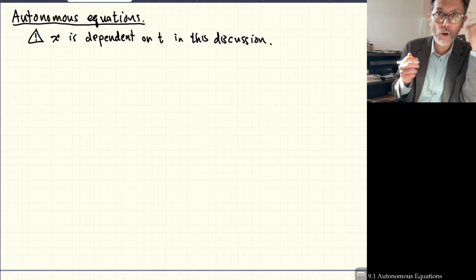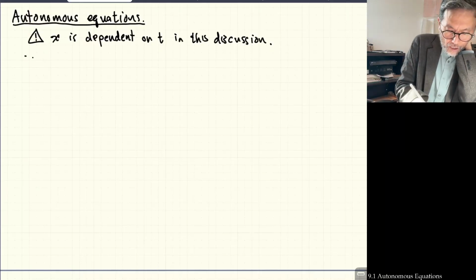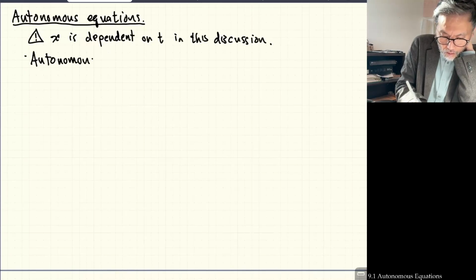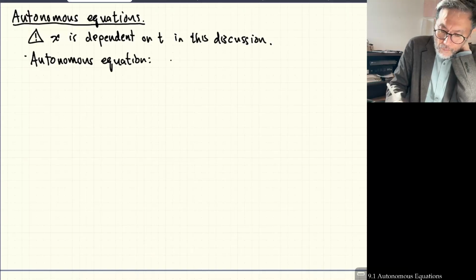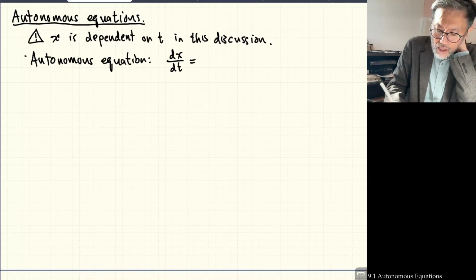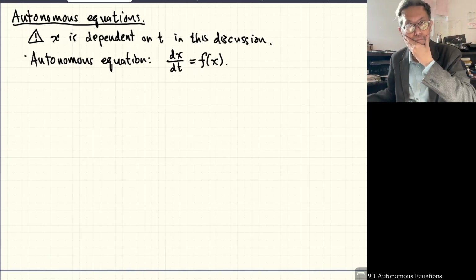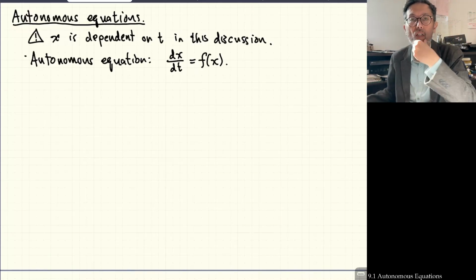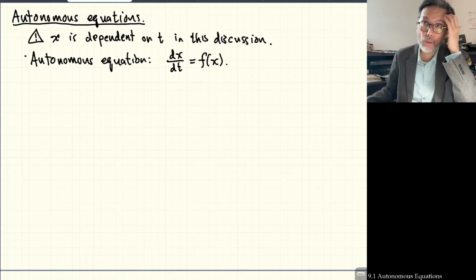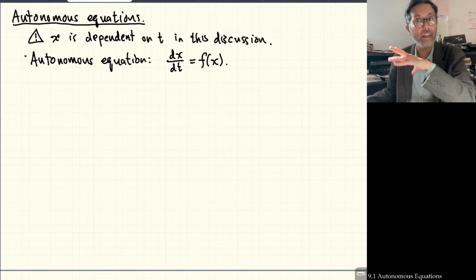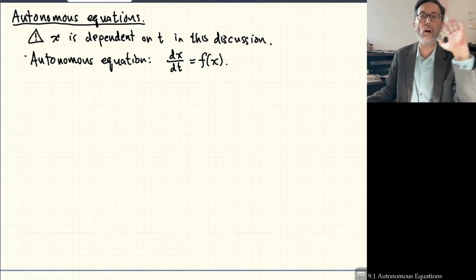Okay, so what is an autonomous equation? So an autonomous equation in this setup would look like dx/dt, which is a synonym for x prime, equaling some function of x only. Okay? Now, again, we've talked about these, and actually we've talked in particular about how to solve these explicitly, find the general solution, all that.